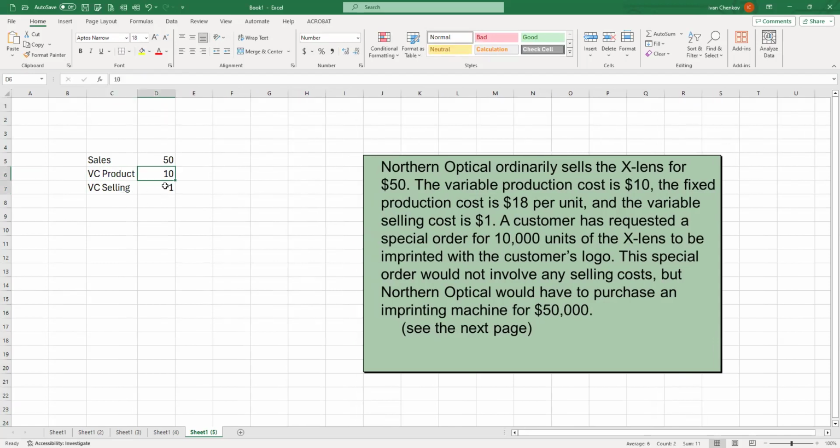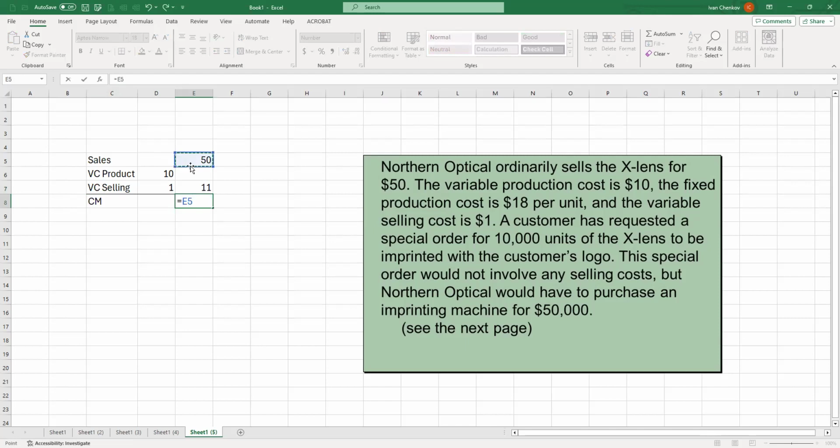So the total variable cost is $11, correct? Yes. So our contribution margin at this point is $39 per unit. After that, we have fixed cost of $18 per unit.